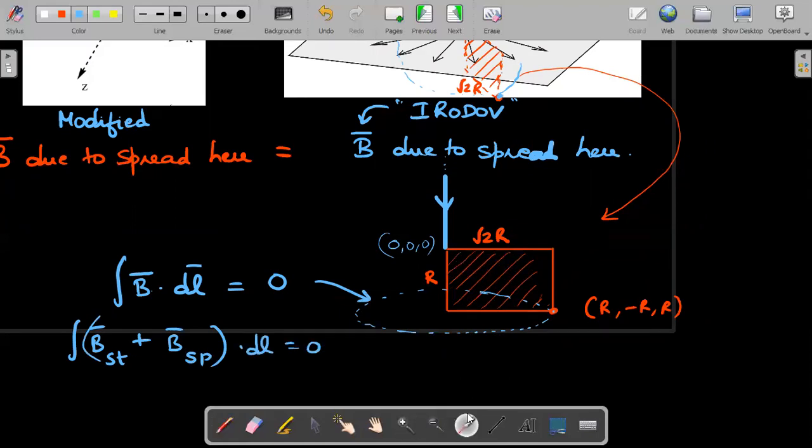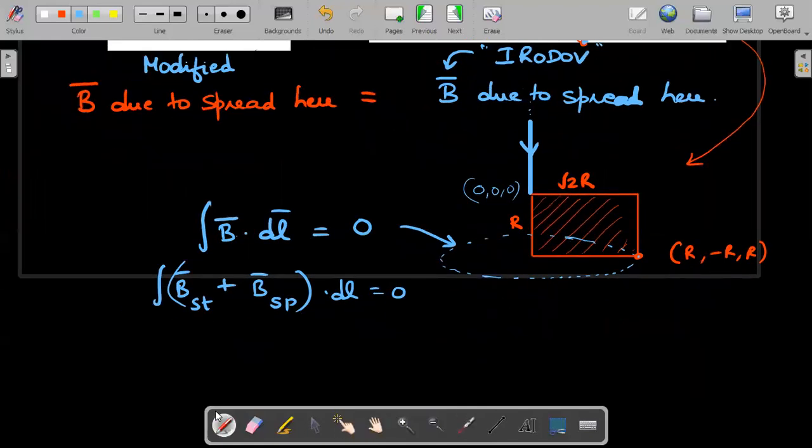Okay, right. And since this point is symmetric point everywhere, the B due to each one of these magnitude wise dot dl should be the same everywhere. So because of the symmetry in this problem, which I can't do in the actual modified problem. Okay, so in this problem, this would be B ST bar plus B SP bar into the path length L. Because of the symmetry, I can bring out integral dl on the outside and it will become length L, right? It will get cancelled anyways.